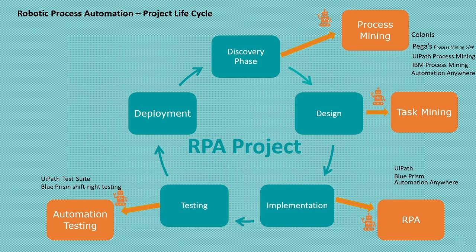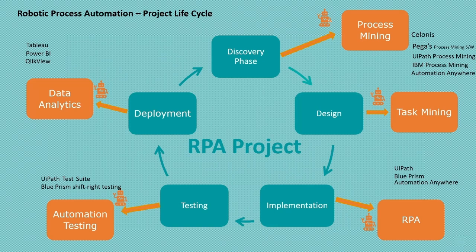Then comes the deployment phase, where a constant monitoring of the bot is required in order to analyze that the bots are functioning in the same manner as expected by the project. So, in the deployment phase, the monitoring of the bot can be automated using different data analytics tools, where there are various tools available in the market like Tableau, Power BI, QlikView, and many others.